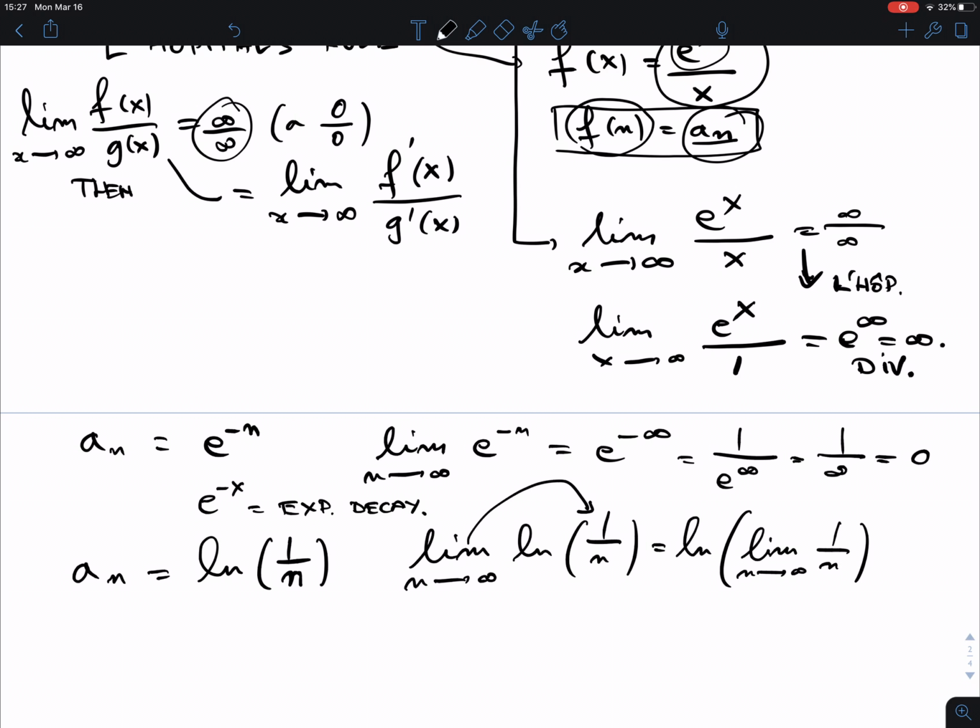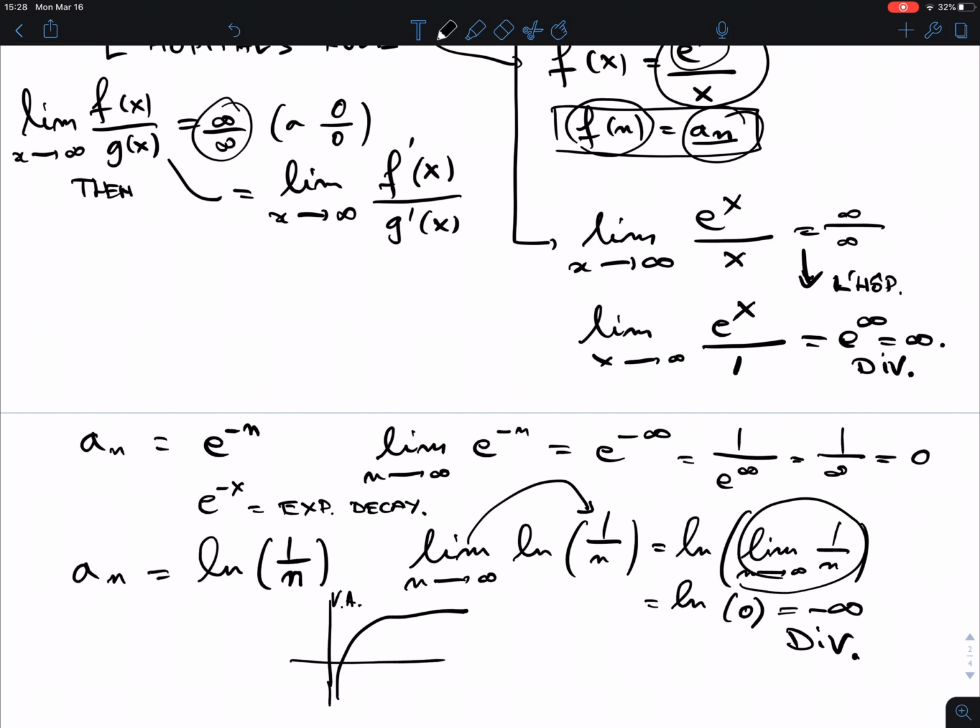Now this is very simple. The limit of 1 over n is just 0, right? 1 over infinity is 0. Now the ln of 0, remember the ln looks like something like this, and we actually have a vertical asymptote at 0. So this means that the ln is actually negative infinity. Therefore, this series was actually divergent.